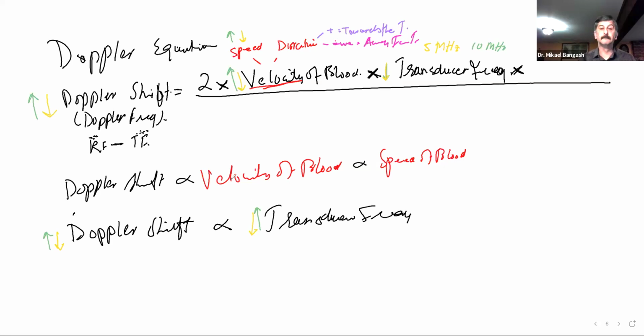Did you guys get that? Okay. So even if your blood was flowing at a speed that we record as 20 centimeters per second, and that was recorded when we use a low frequency transducer, this velocity of blood will still give us a low Doppler shift.